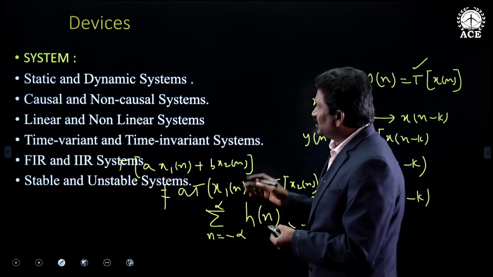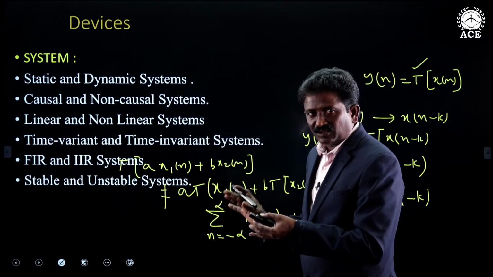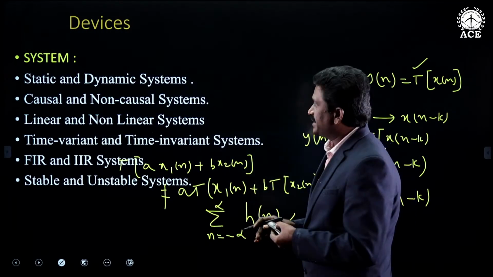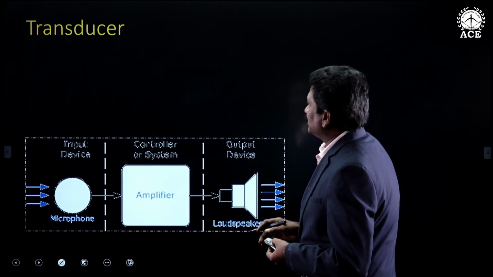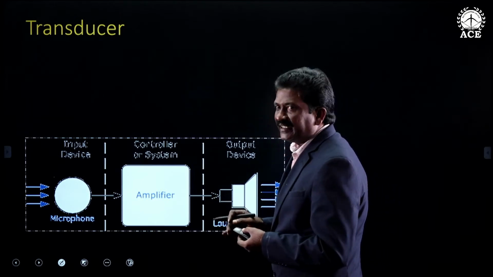Now the first block of components in an IoT system is sensors and actuators. Next, transducer. What is the meaning of a transducer?